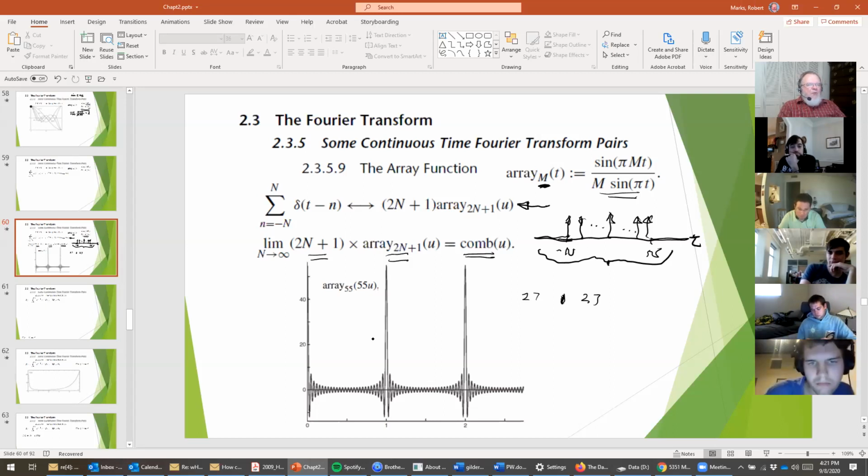And those of you that do phased arrays know that if you increase n, if you increase the size of your array, you really are able to increase your directivity. Your directivity is the width of that beam that you're pointing into space. And so this corroborates this because we get the comb function.